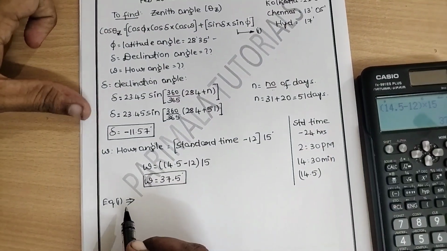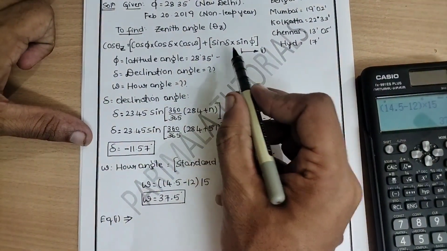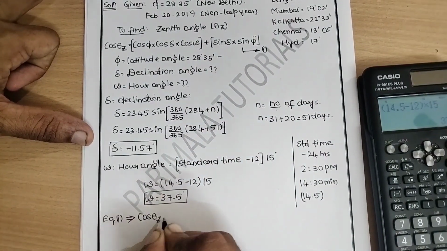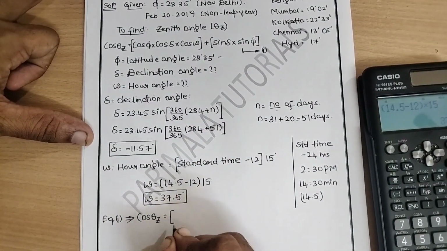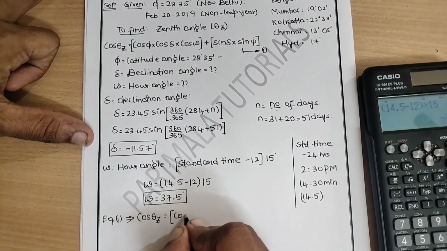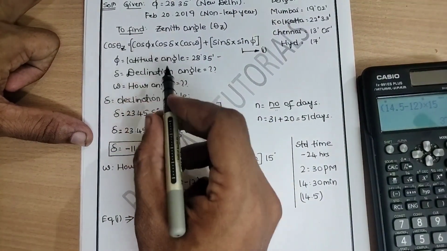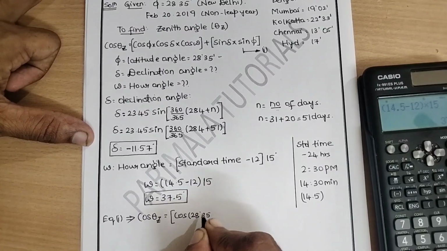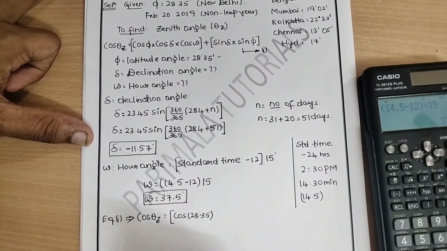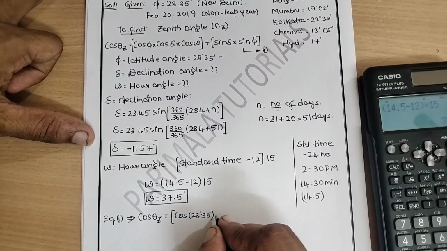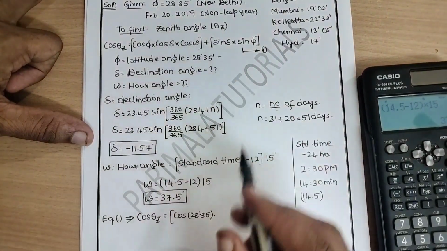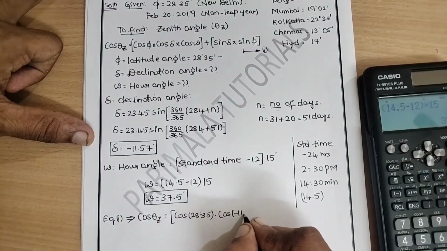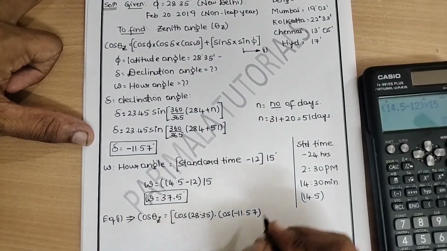Now equation 1 implies, here is equation 1. I think it is visible on the screen. So cos of theta z is equal to cos of phi. What is phi? It is the latitude angle, 28 degree 35 minute, that is 28.35 degrees, into cos delta. How much did we get? Delta is minus 11.57 degrees.